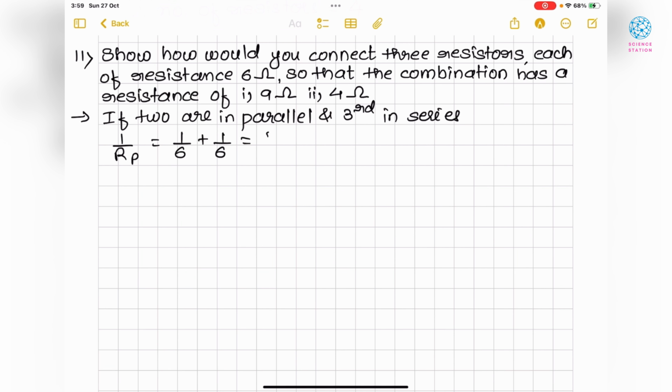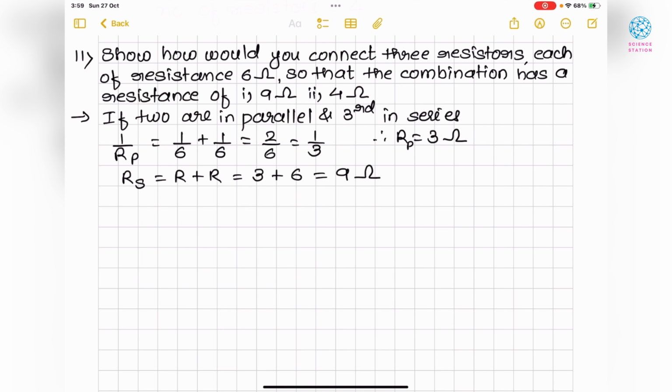So that will be 2 upon 6. So that will be 1 upon 3. Therefore R equal to 3 ohms. Now when they are in series, Rs will be equal to R plus R. So 2 were in parallel, so their resistance is 3 and the other one is 6. So 3 plus 6 will give 9 ohms.